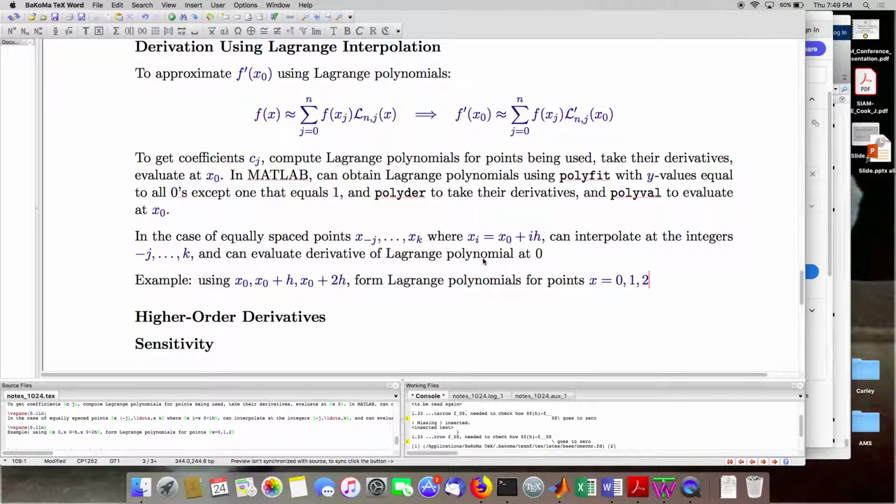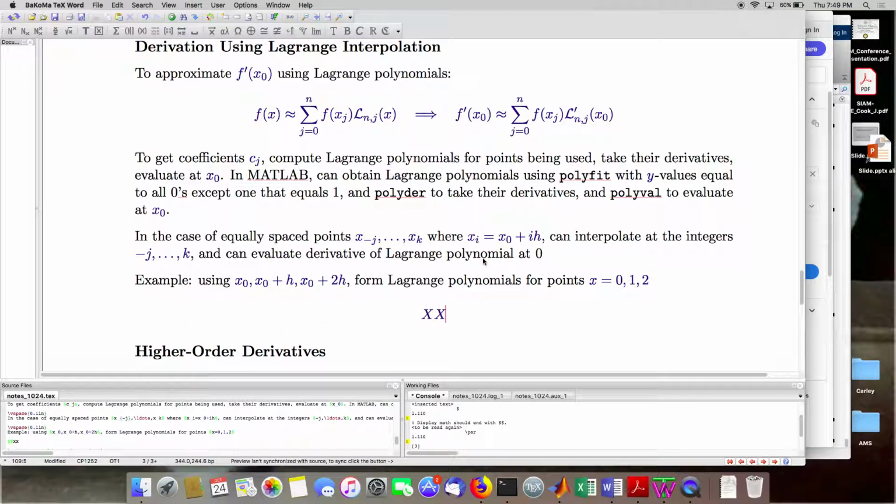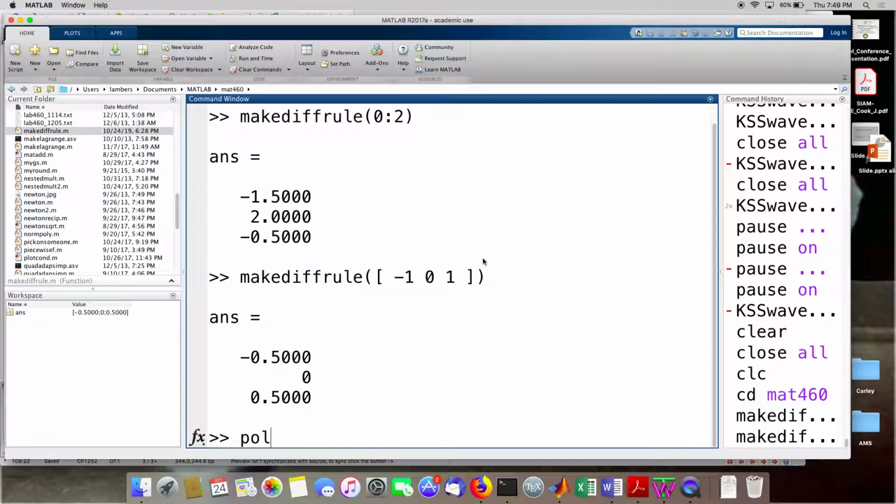Now, due to time, I'm going to cheat here, but I'll show you how this works.